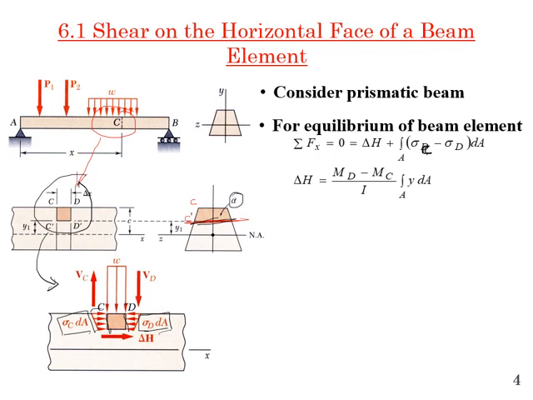Now, simply rearranging it, taking delta H over here, so multiplying with the negative, delta H equals the integral of sigma C minus sigma D dA.